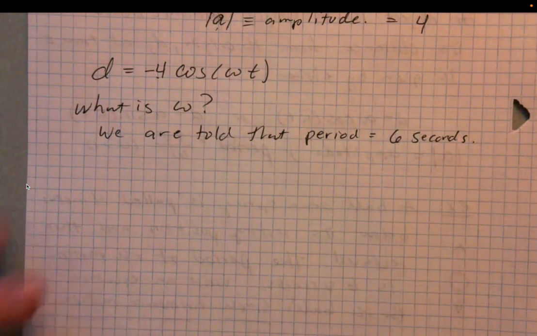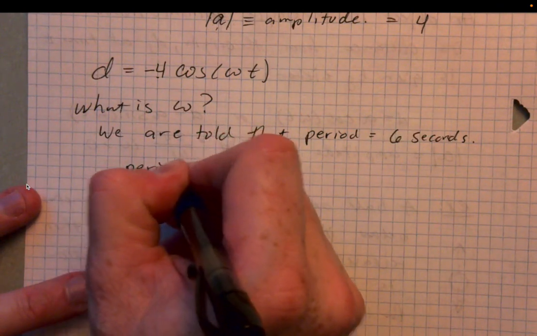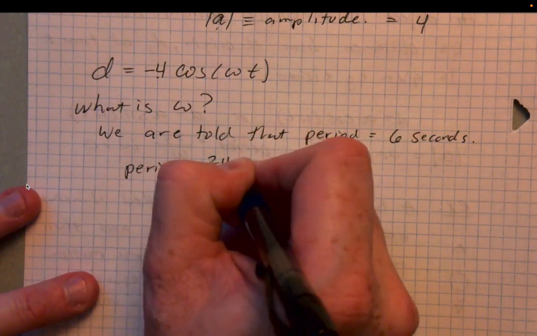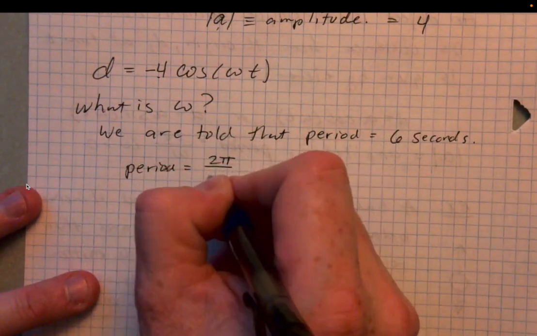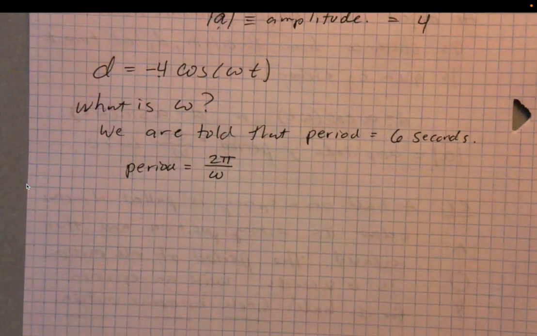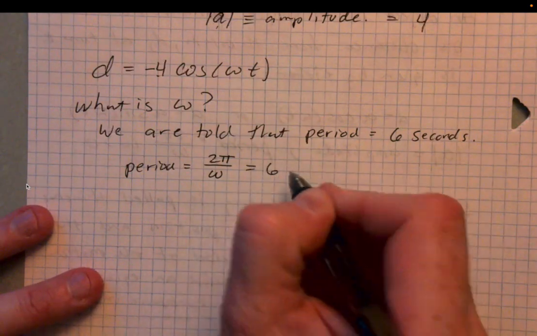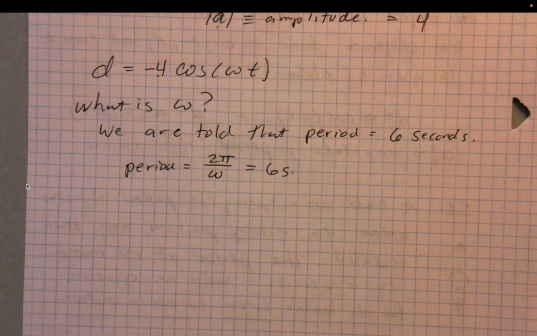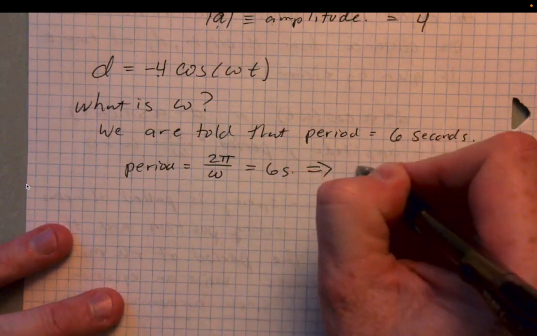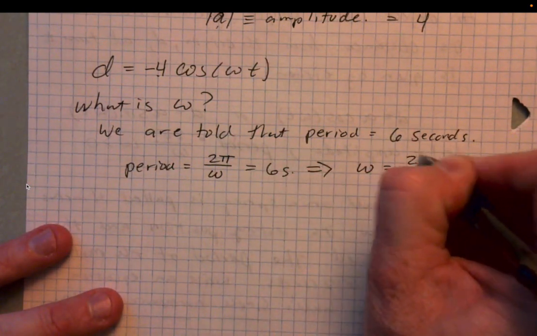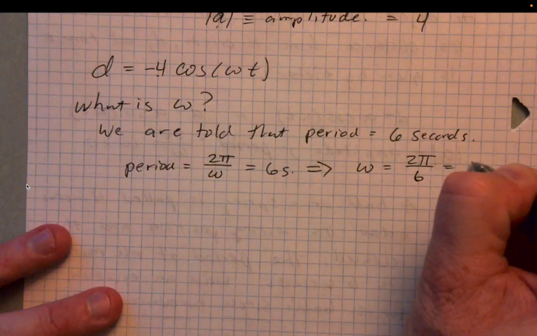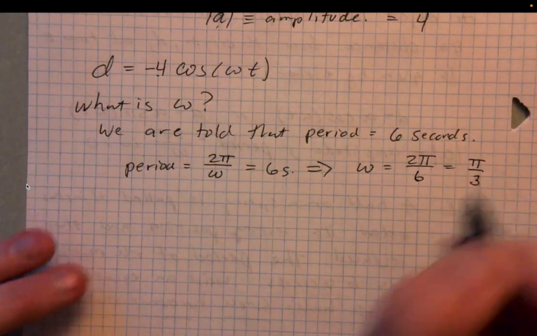And so we know that the period is equal to 2 pi divided by this omega coefficient, and further, we know that the period is equal to 6 seconds. So we can figure out what omega is by just doing some algebra. This is going to imply that omega is equal to 2 pi over 6, which is just pi over 3.